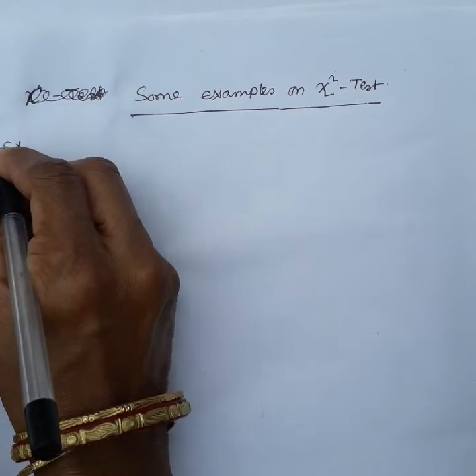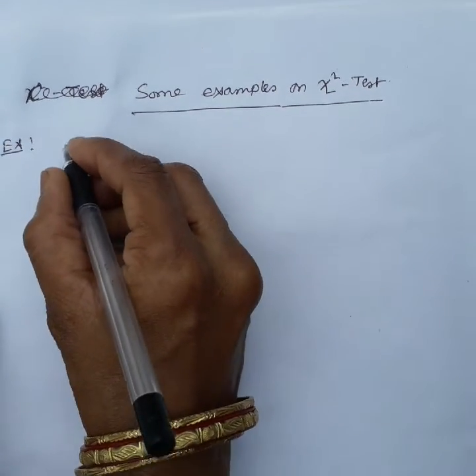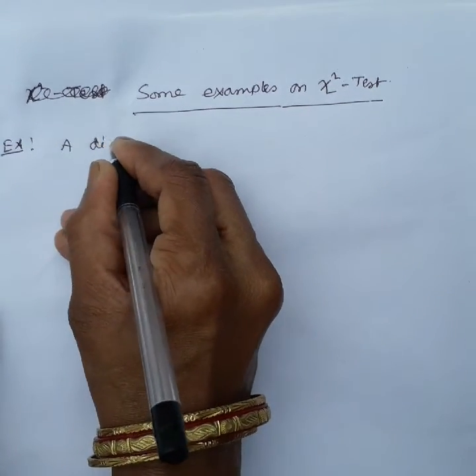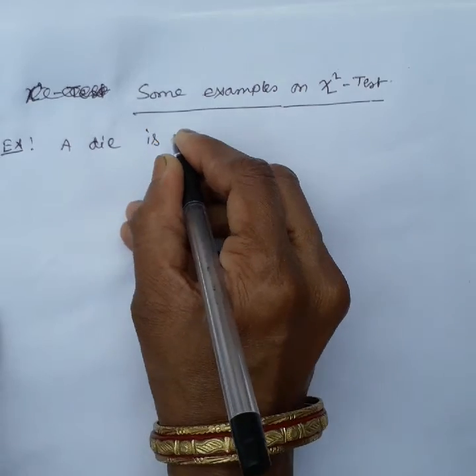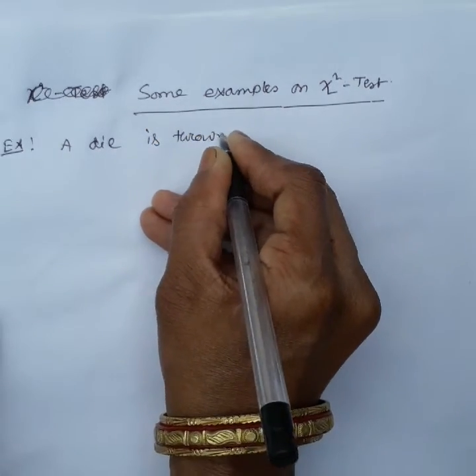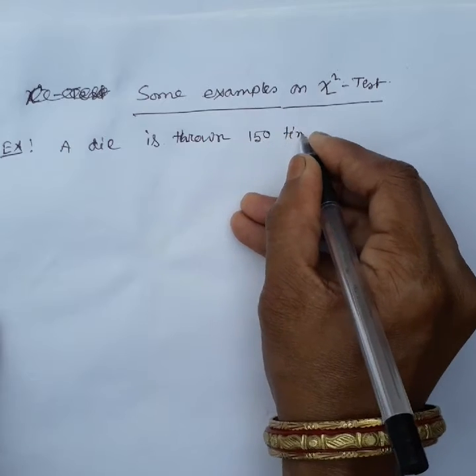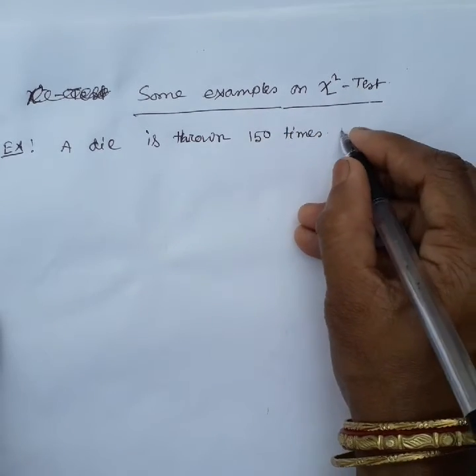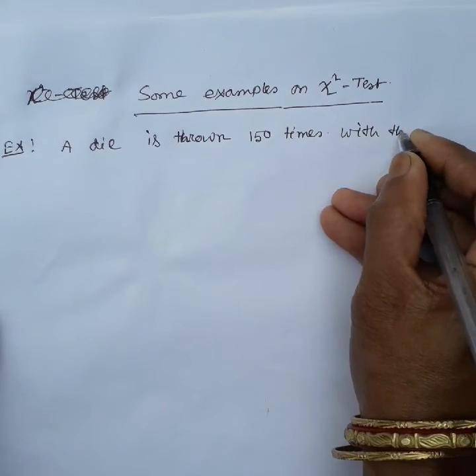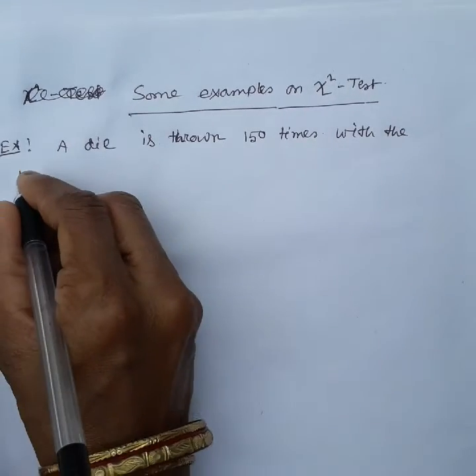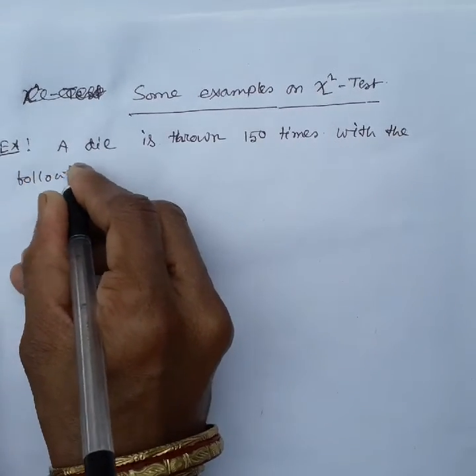First one: a die is thrown 150 times with the following results.